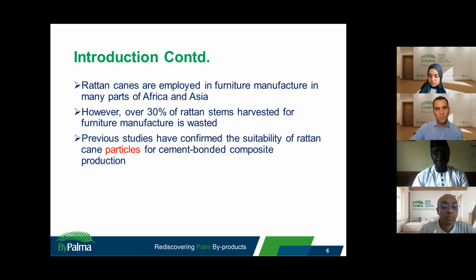Many times, if it does not look nice, it is not fit for furniture making. But actually, the rattan cane that doesn't look nice enough for furniture making can be converted into fibers, processed, and mixed with cement for rattan cement fibre-reinforced materials.